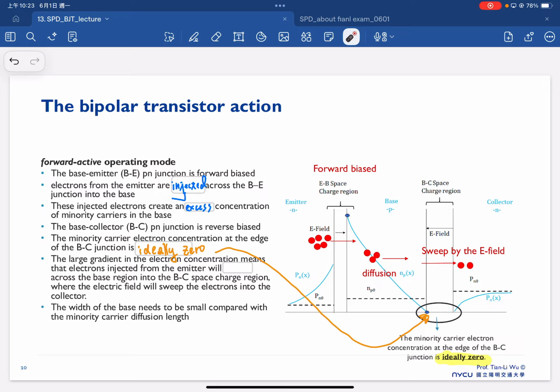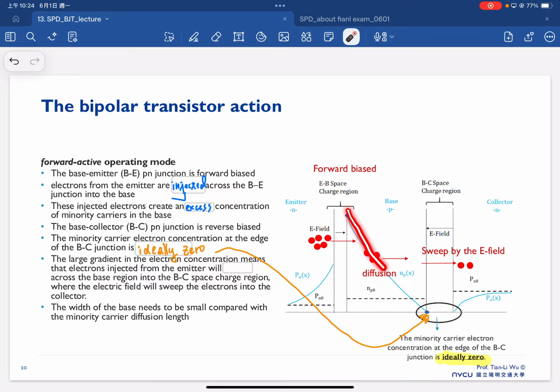So therefore, we can see the large gradient in the electron concentration. You have a very high electron concentration at this location, but it is forced to become 0 here. So we create a large electron gradient here. The large gradient in electron concentration means that electrons injected from the emitter will diffuse.